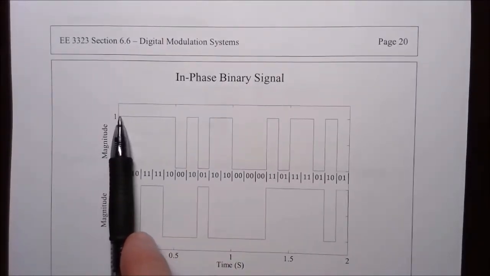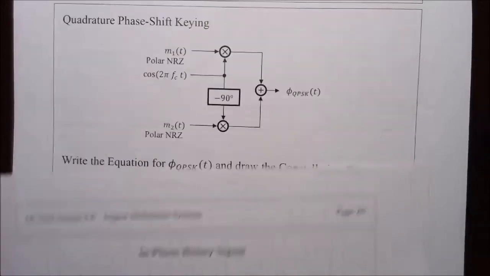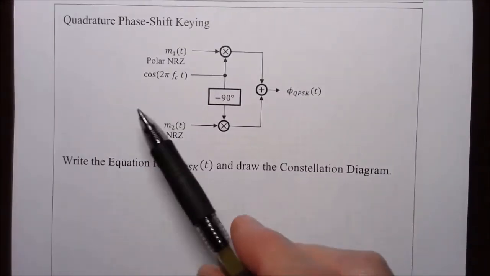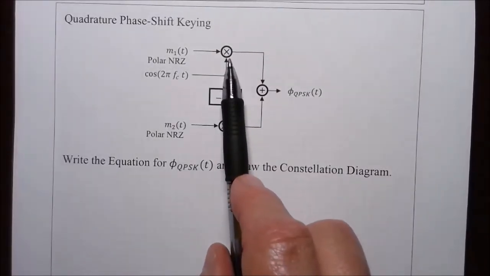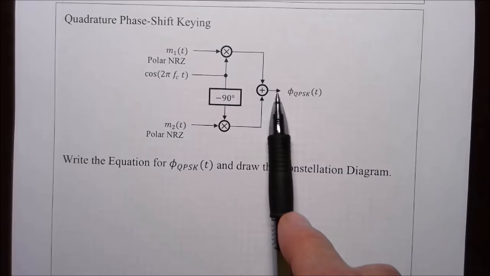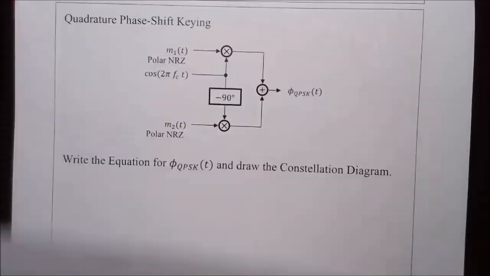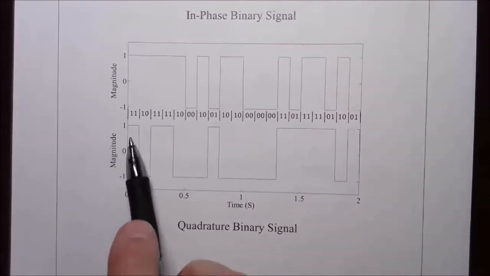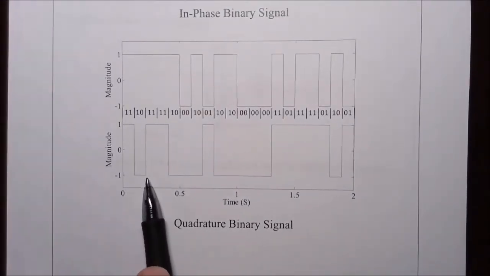Logical 1s are 1 volt, logical 0s are minus 1 volt, and that is applied to the mixer with the straight up carrier, and then to the summing amplifier. The quadrature binary signal is also polar non-return to 0. So logical 1 is 1 volt, logical 0 is 0 volts.